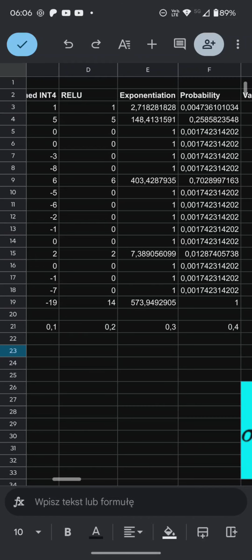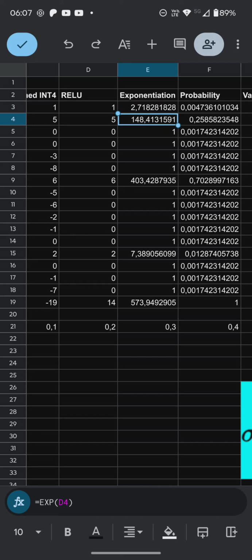As you can see, for example, we have 1, so e to the power of 1 is 2.718281828. It doesn't repeat like that; it's an irrational number, so it's not repeating.